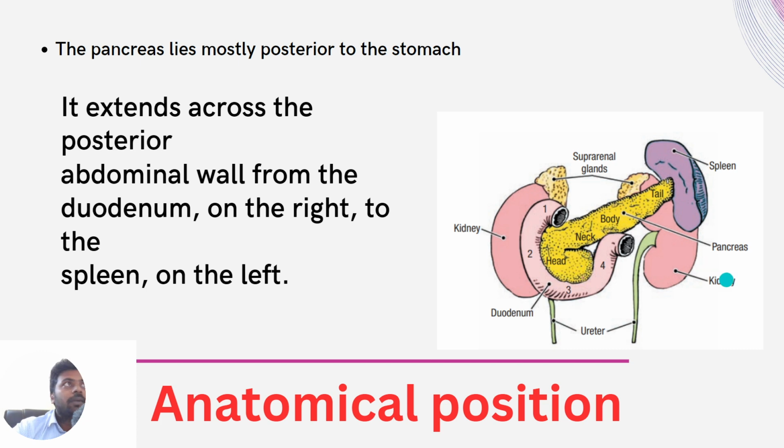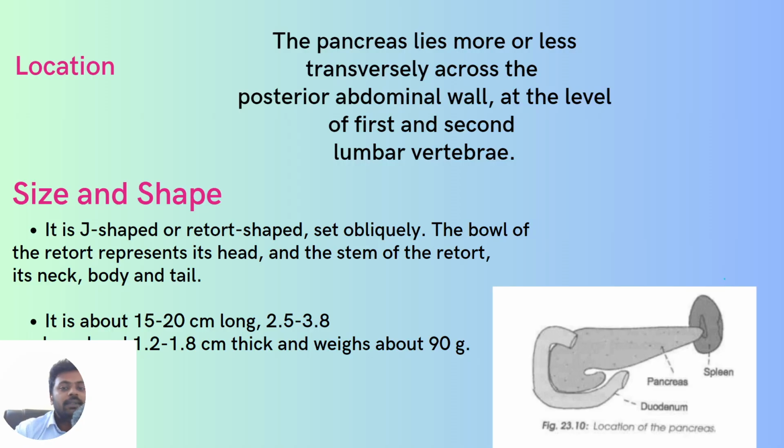So this is the anatomical position. It extends across the posterior abdominal wall from the duodenum. Location: the pancreas lies more or less transversely across the abdominal wall at the level of the first and second lumbar vertebrae. Size and shape: it is a J-shaped organ set obliquely.